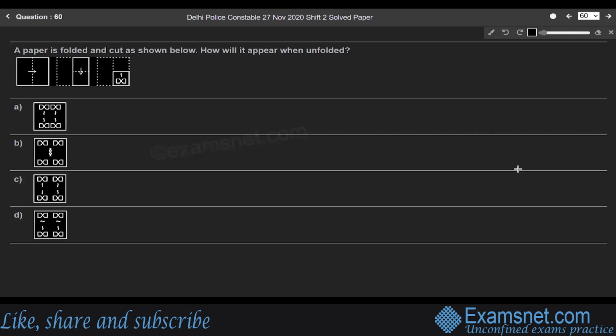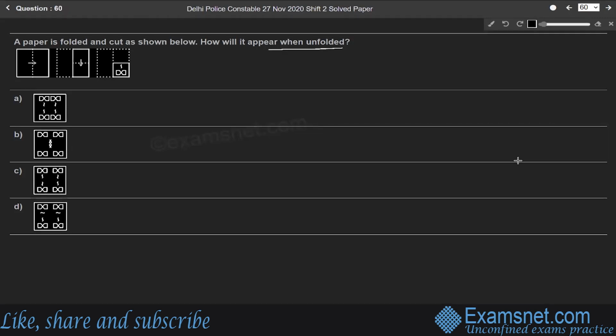Question 60. A paper is folded and cut as shown below. How will it appear when unfolded? The paper is cut at first like this, vertically, then horizontally, in this pattern, right? When it is unfolded, at first the lower part will appear as the mirror image of the cut portion, like this.